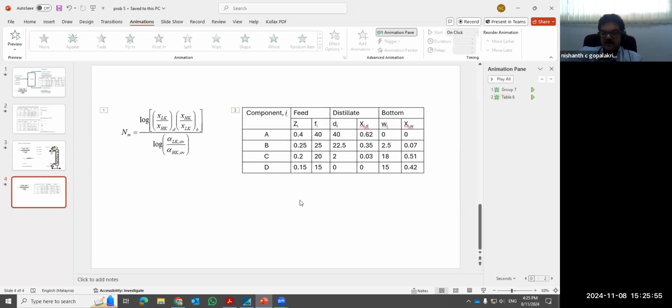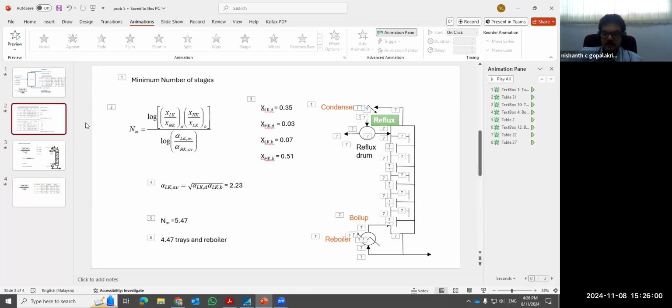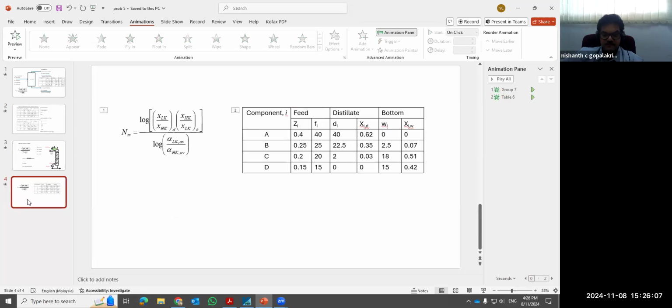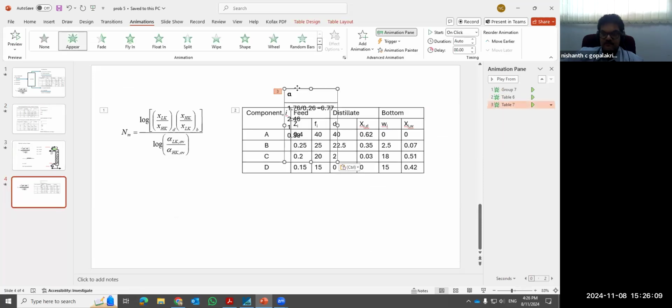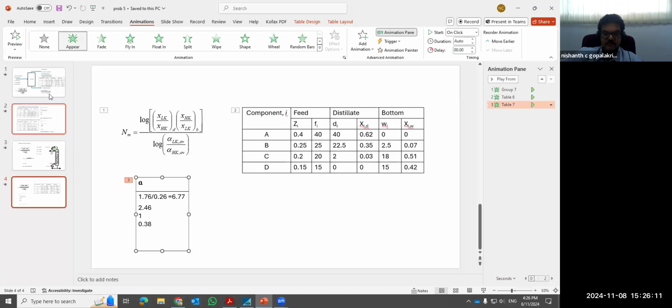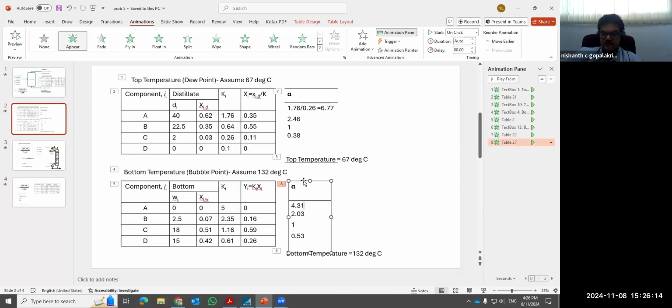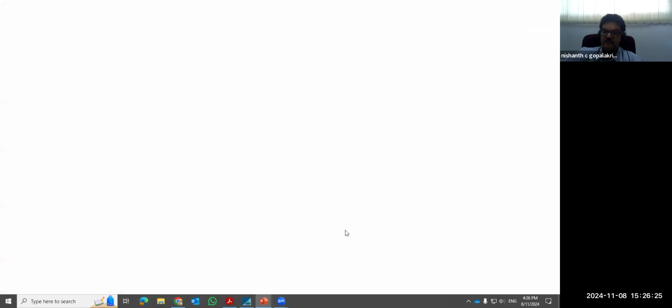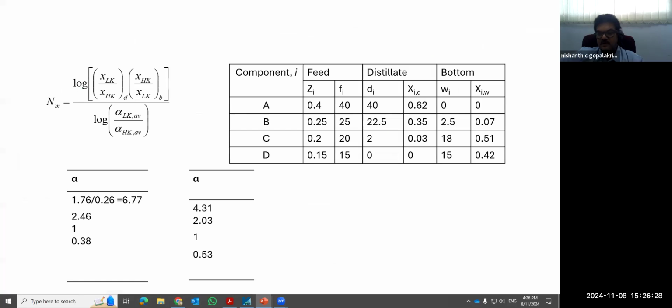Agree? Now, here I also found the alpha values. Agree?